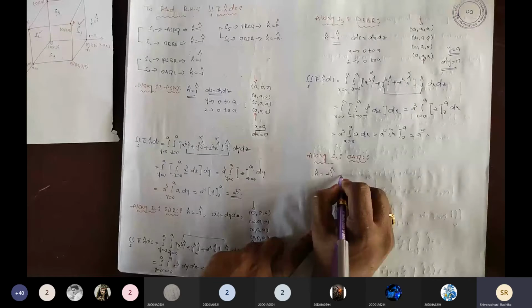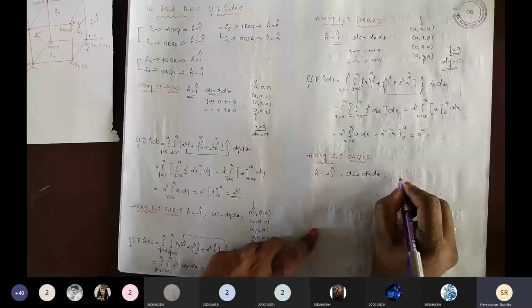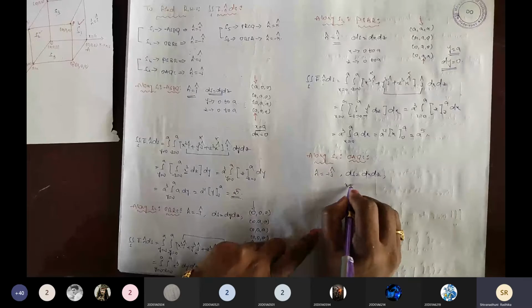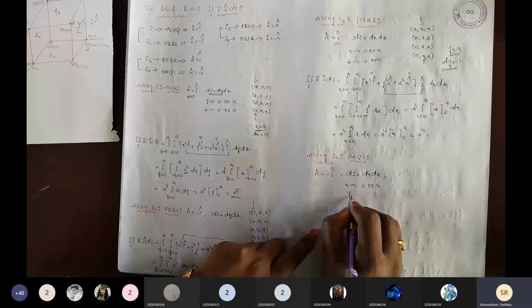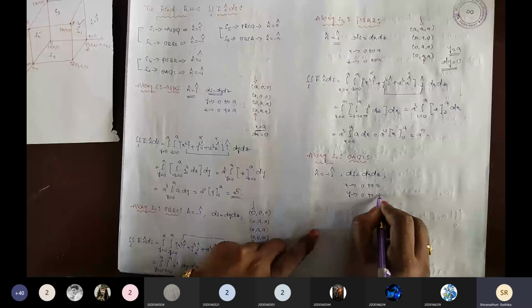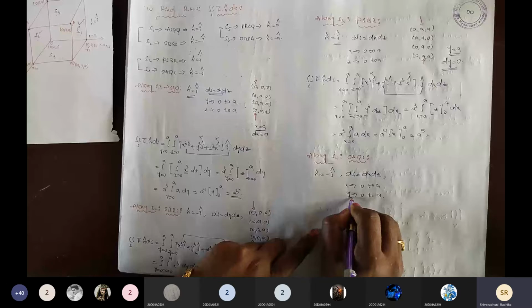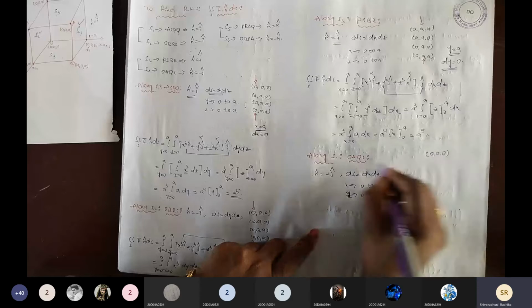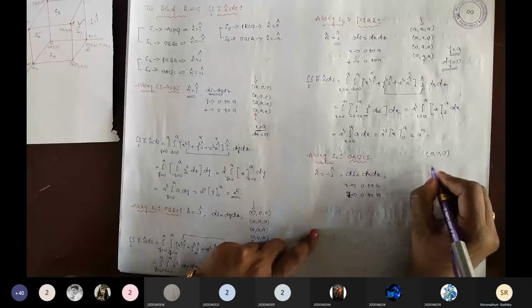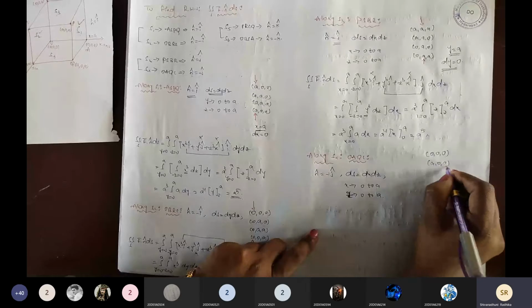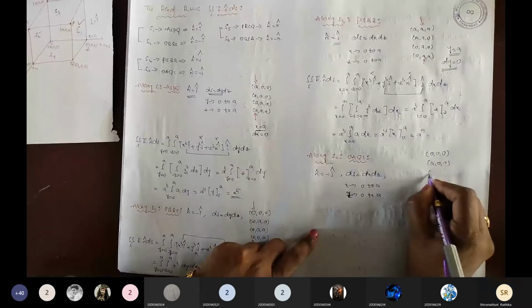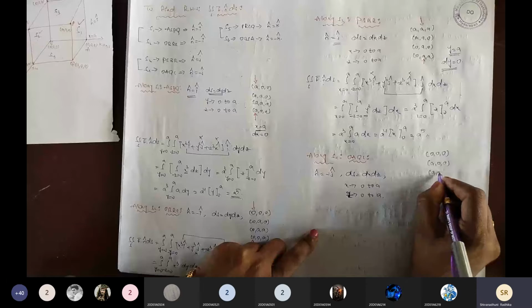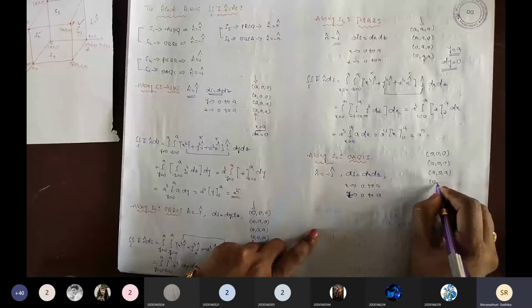And dS is the same, dx dz, right? Taken the limits: x limits are 0 to a and z limits also 0 to a. Sorry, this is x, z. Taken over the points O (0, 0, 0), A (a, 0, 0), Q (a, 0, a), P (0, 0, a).